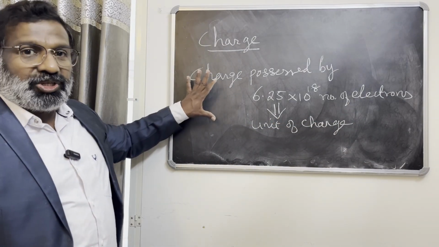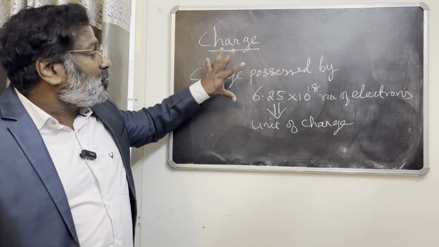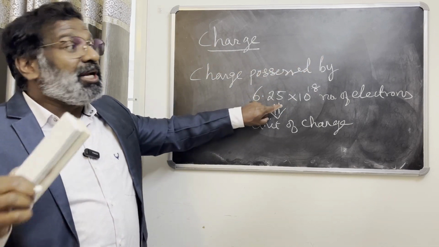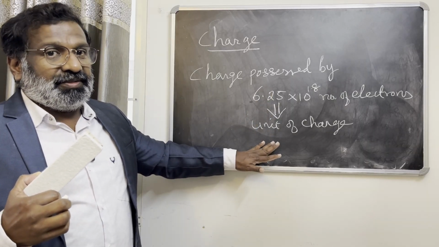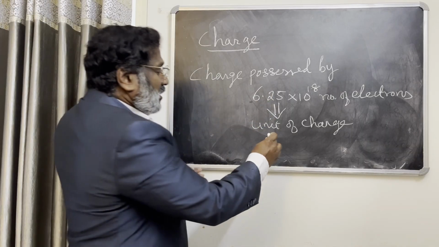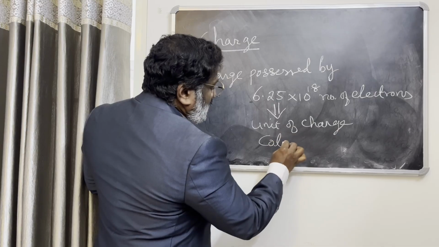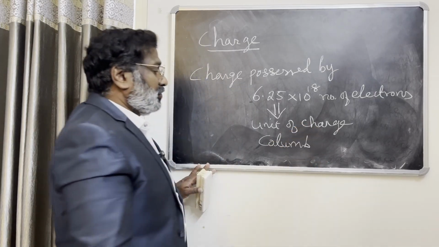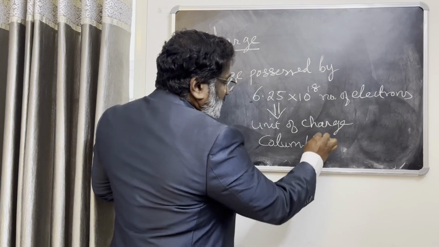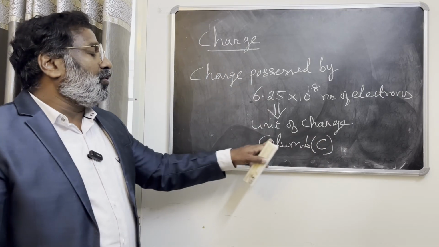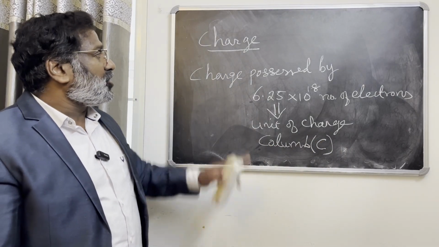The charge possessed by this much number of electrons, 6.25 into 10 power 18 number of electrons together, is called unit of charge. And the unit of charge is Coulomb. It is denoted by capital C. Letter capital C denotes Coulomb, which is the unit for charge.